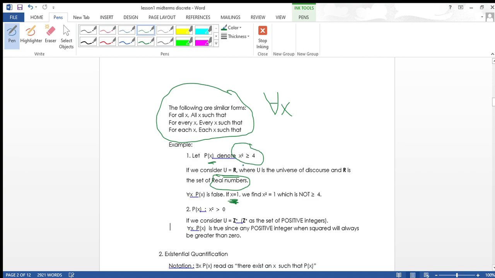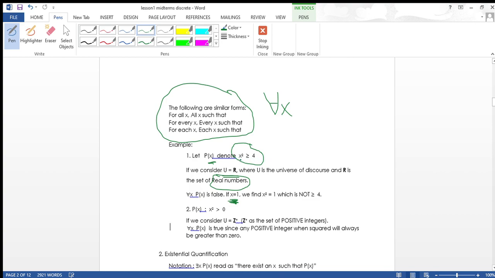Therefore, this proposition is not true for all real numbers because we found x equals 1 is violating this. You can have other counterexamples, but we just need one. We just need one counterexample to make the entire statement false.